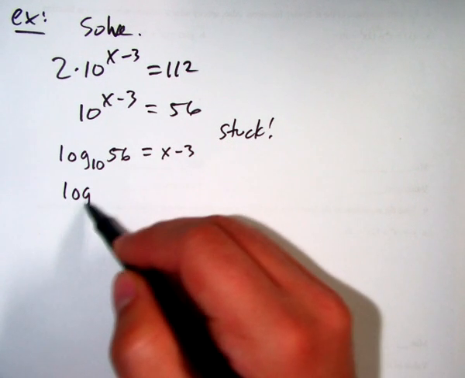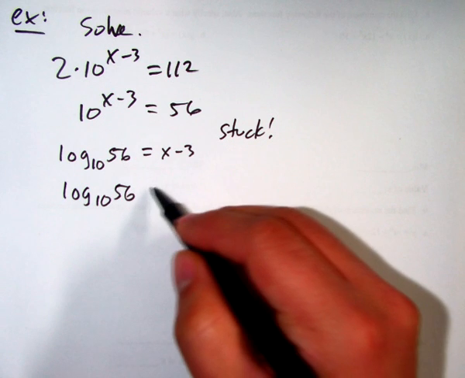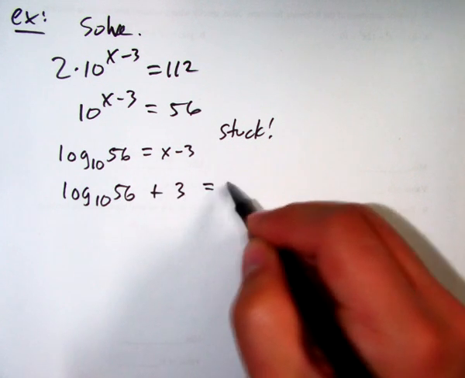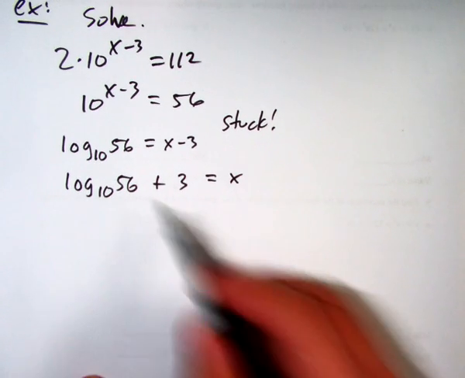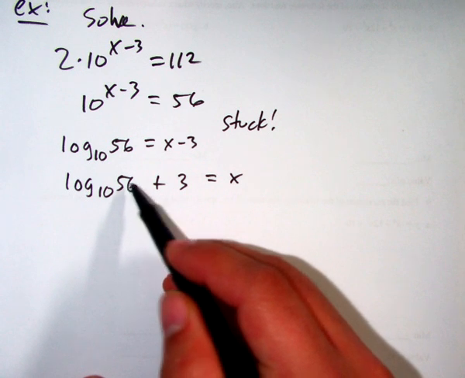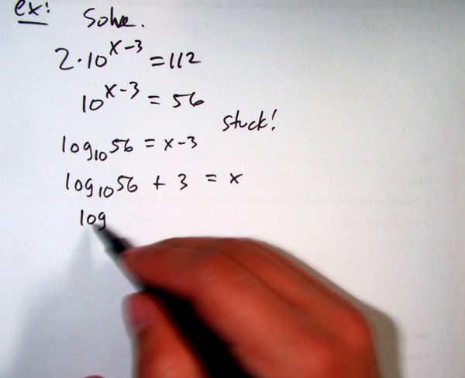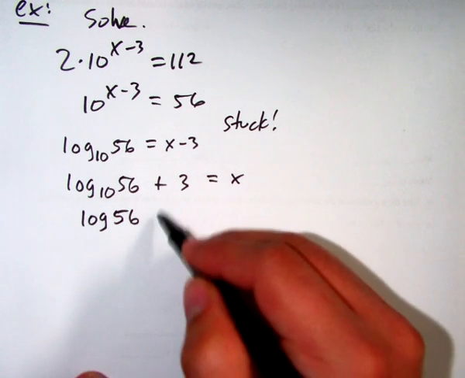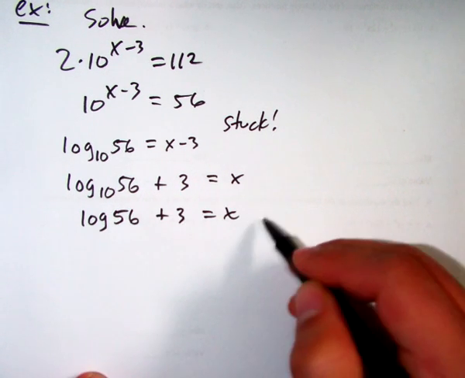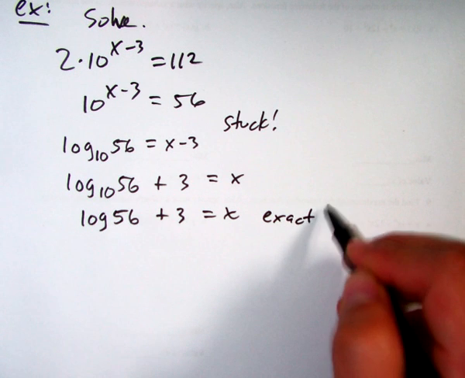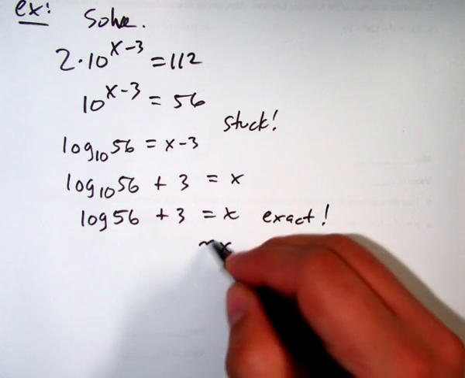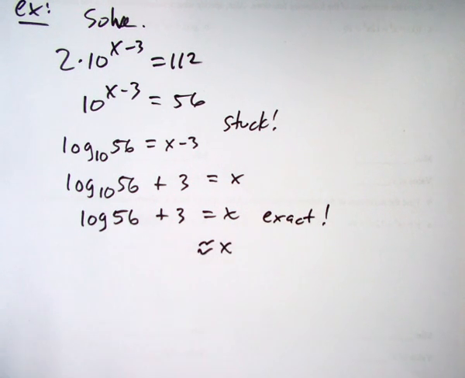So this is log base 10 of 56. I can add 3 to it, and that's going to equal x. Again, this 3 and 56 are separate. Another way to write your answer would be plain old log without the base 10, log 56 plus 3. So this is the exact answer. If you wanted to get an approximation, you can type that in the calculator.